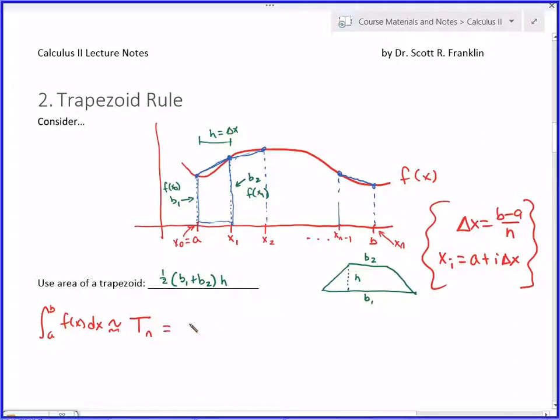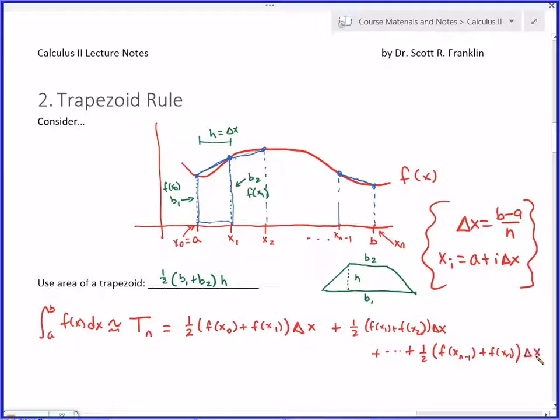So let's do the first trapezoid. It's 1/2 base 1 plus base 2, which is f of x0 plus f of x1, times the height, delta x, plus the second trapezoid, 1/2 f at x1 plus f at x2 times delta x, plus dot dot dot, 1/2, I'll do the last one, which is f of x n minus 1 plus f at xn times delta x.